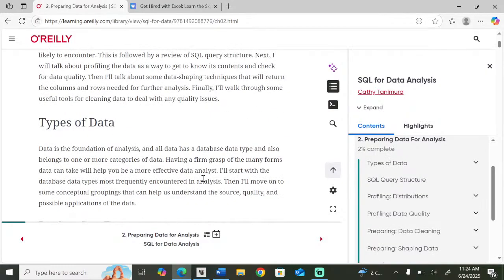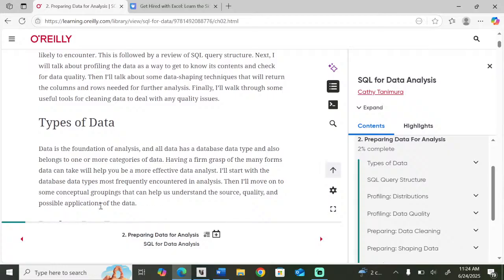So we can now begin the types of data we have. Data is the foundation of analysis, and all data has a database data type and also belongs to one or more categories of data. Having a firm grasp of the many forms data can take will help you to be a more effective data analyst.